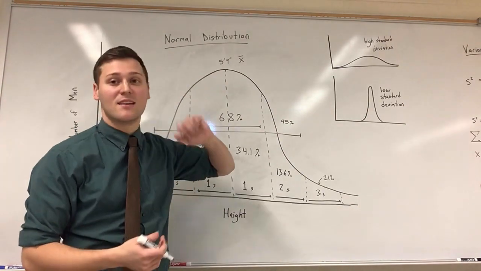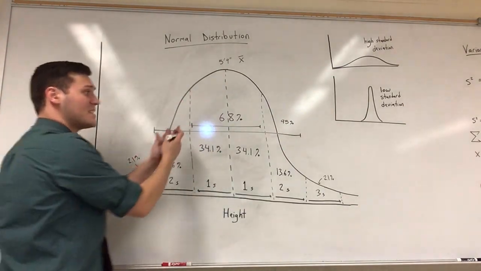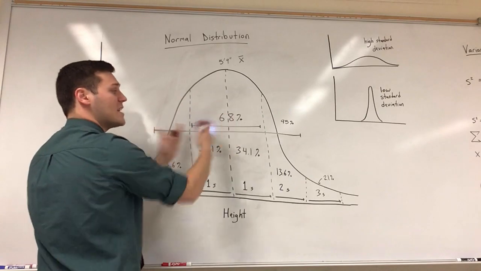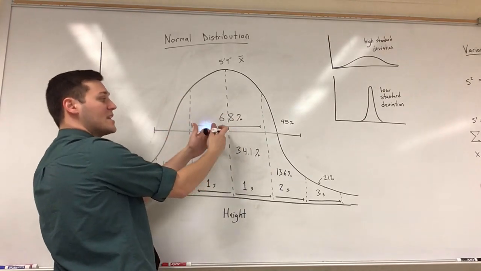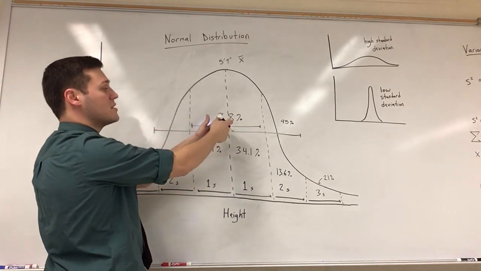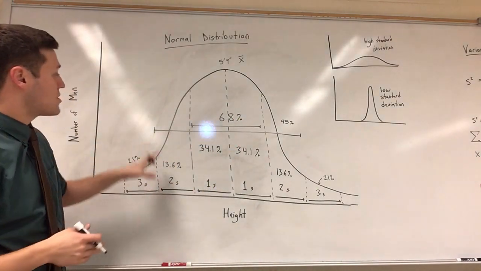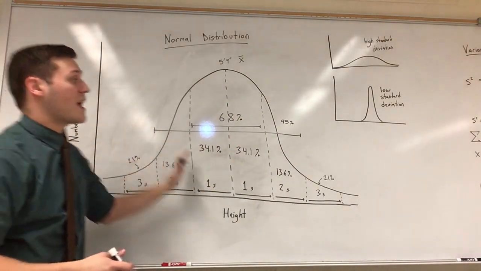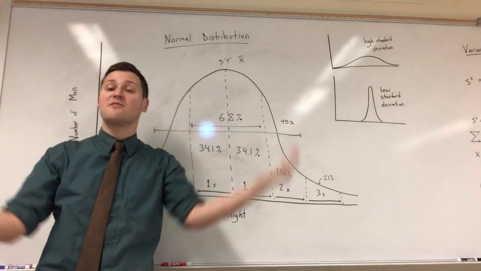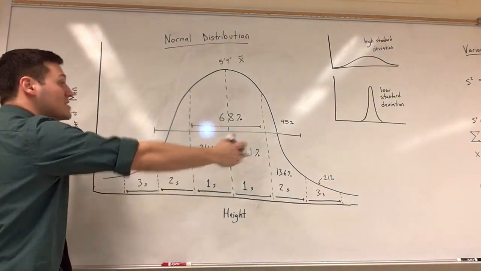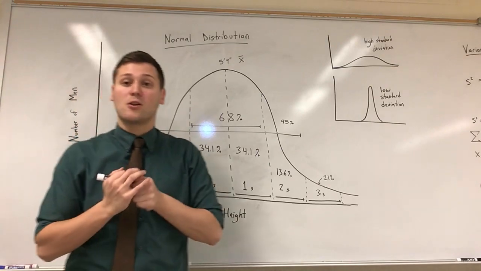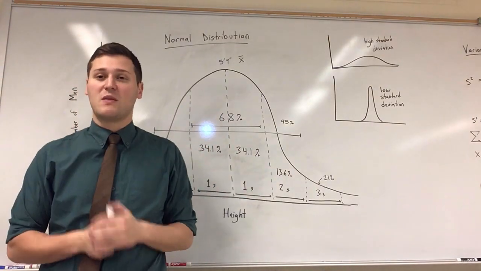So that is the mean, the average. So 68% fall within one standard deviation, either one standard deviation greater or one standard deviation less than that average value. And so two standard deviations are encompassing 95% of the population. Three standard deviations we're now encompassing close to 99% of the population.